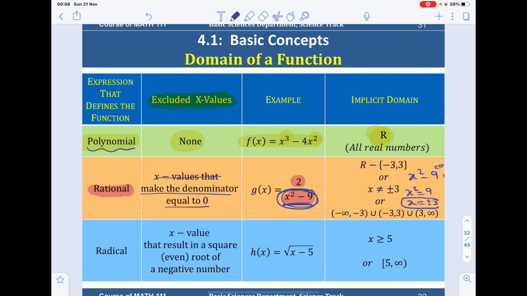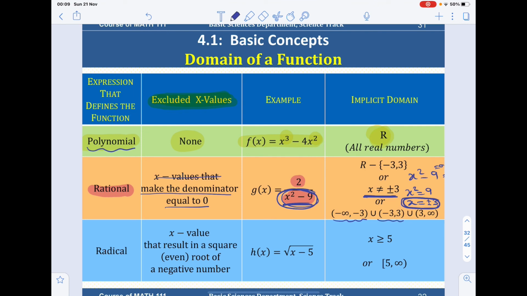So these two values of x make the denominator equal 0. Okay, so I'm going to exclude those values. We can say, for example, x does not equal plus 3 and minus 3, or we can write the domain as intervals just like this.